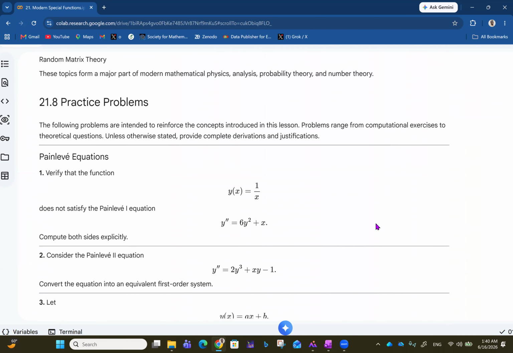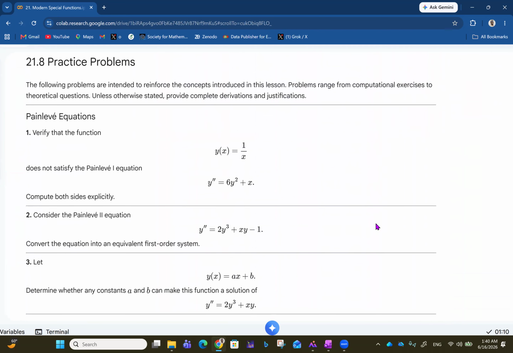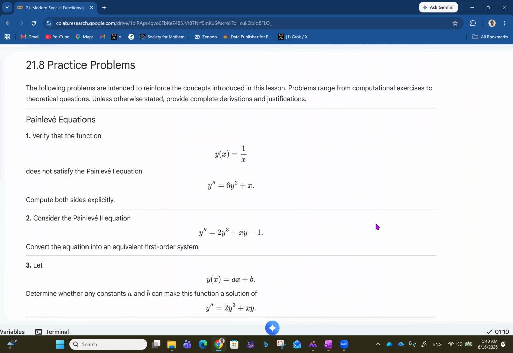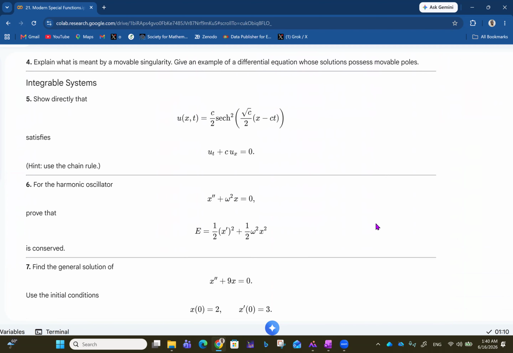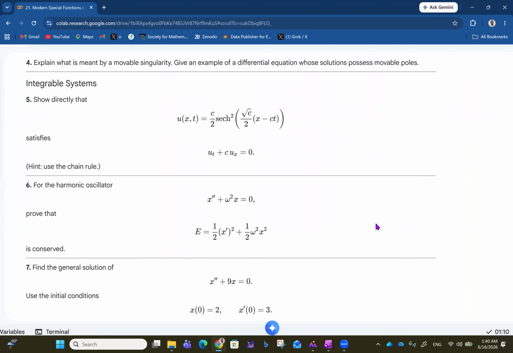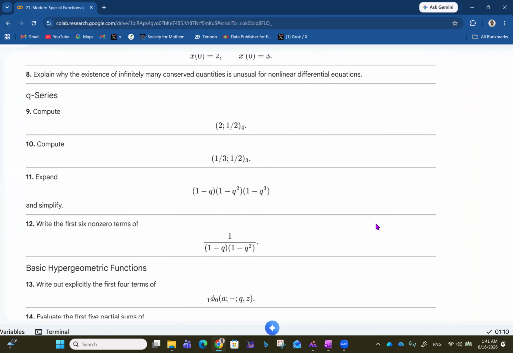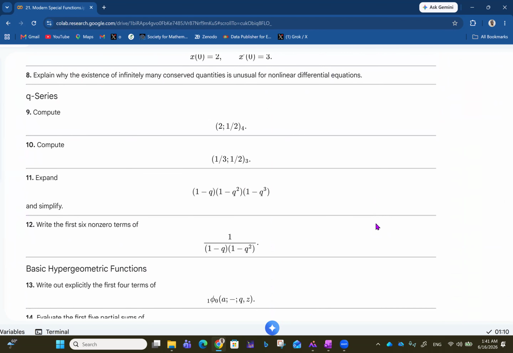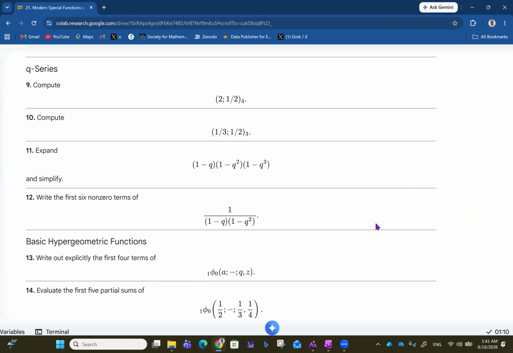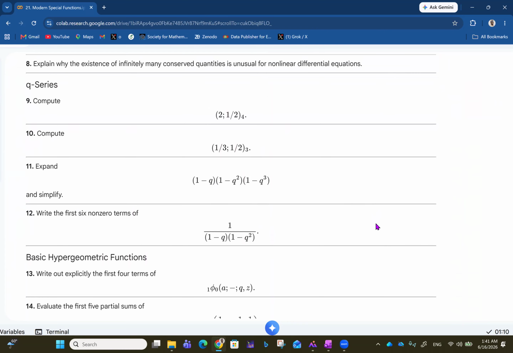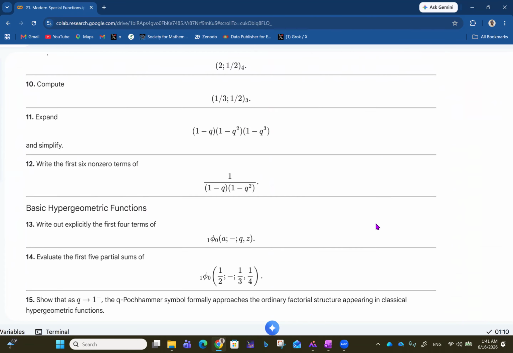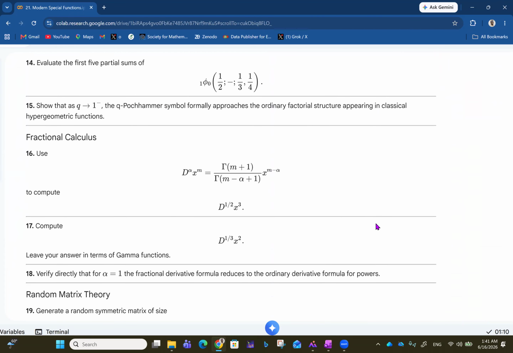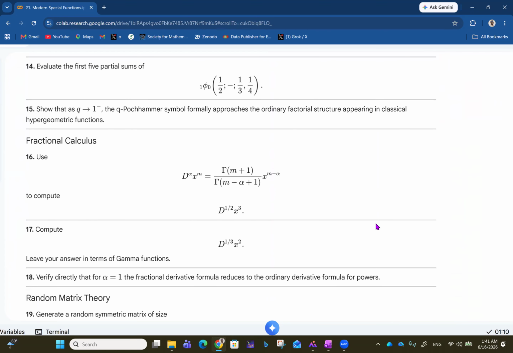Again, we have the practice problems: 1 to 3, then 4 to 7, then 8 to 13, then 14 to 18.